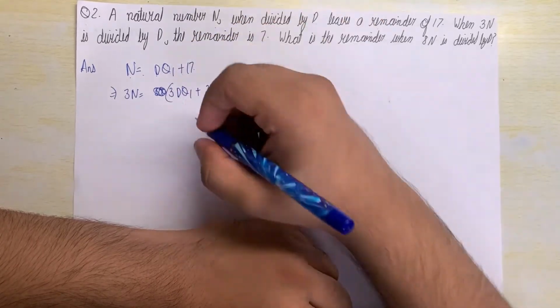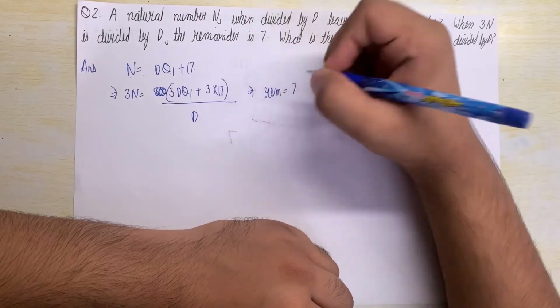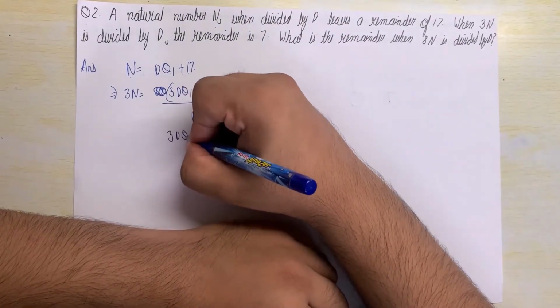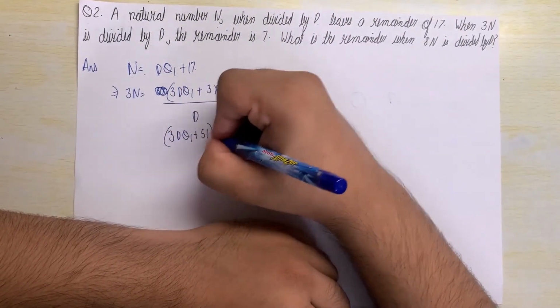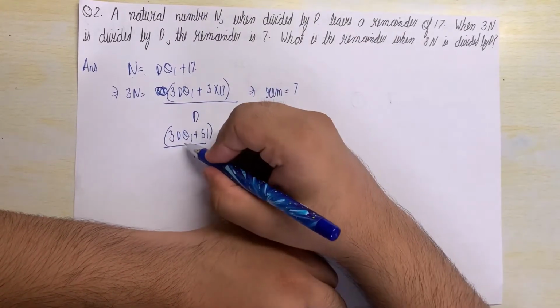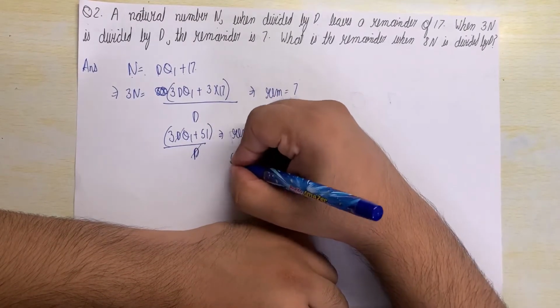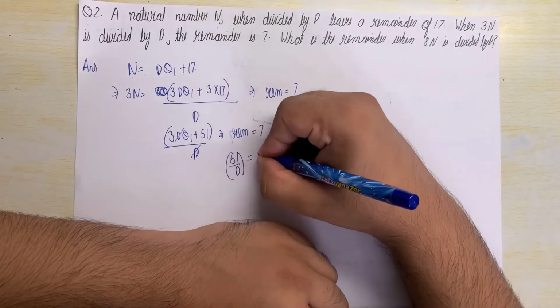So when this is divided by d, the remainder is 7. This means 3dq1 plus 51 when divided by d, the remainder is 7. This part would be fully divisible by d since d is common. So that means that 51 when divided by d, the remainder is 7.